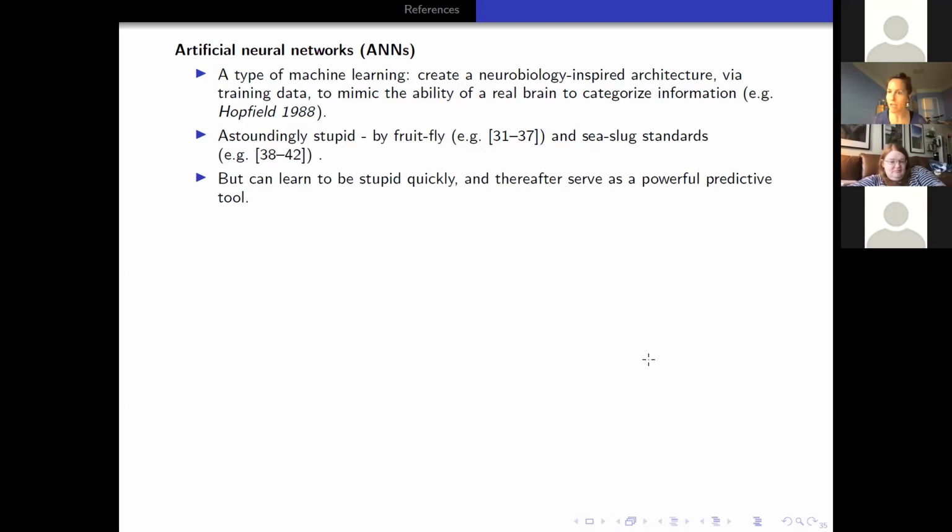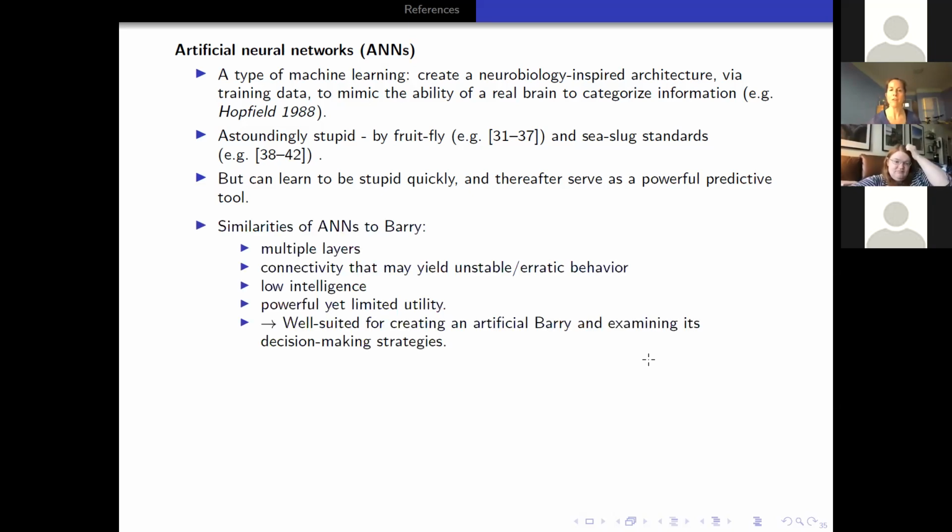There's a decades-long history of these kinds of things. Now, these algorithms are actually astoundingly stupid by human standards, and actually by sea slug and fruit fly standards. That's also well documented in the literature. But nevertheless, they can learn to be stupid rather quickly, and thereafter serve as a very powerful predictive tool.